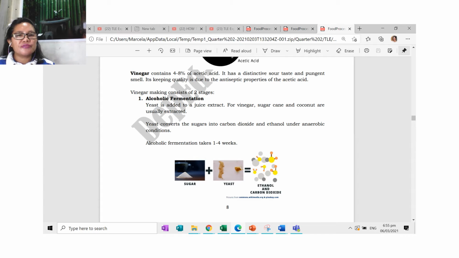The yeast converts the sugar into carbon dioxide and ethanol under anaerobic condition. Alcohol fermentation takes 1 to 4 weeks. For example, this is the sugar and this is the yeast. Ethanol and carbon dioxide are produced.